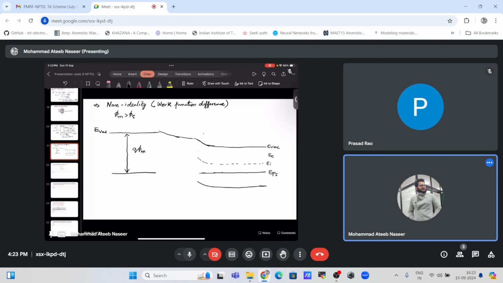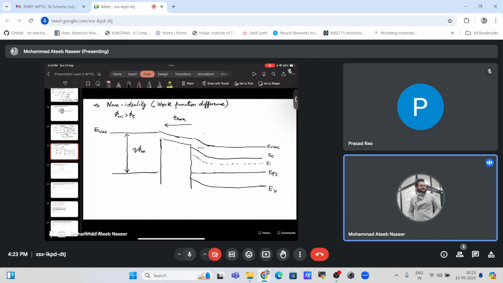If this is the vacuum level, this is the conduction band, and since this is our oxide and there is no charge inside the oxide, the electric field will be a straight line inside the oxide. This is EV. So the electric field will be in this direction for the oxide.